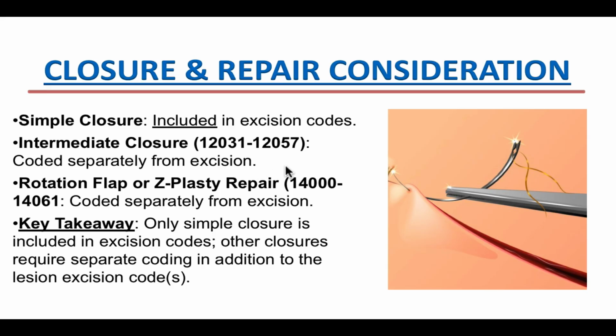However, intermediate closure, which involves layer repair, is coded separately using CPT codes 12031 to 12057. For more complex repair like rotation flap or Z-plasty, you will use CPT codes 14000 to 14061, which must also be reported separately from the excision code.